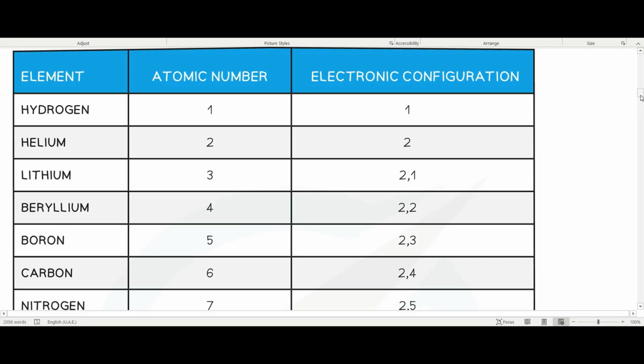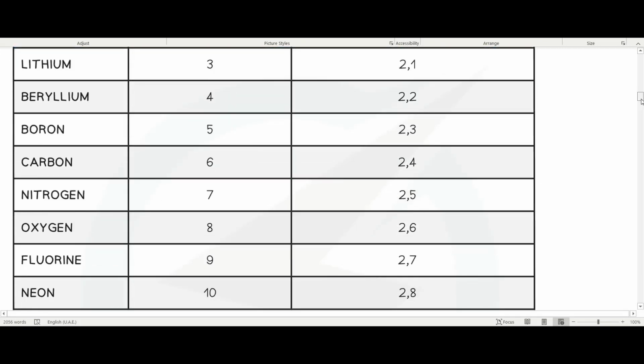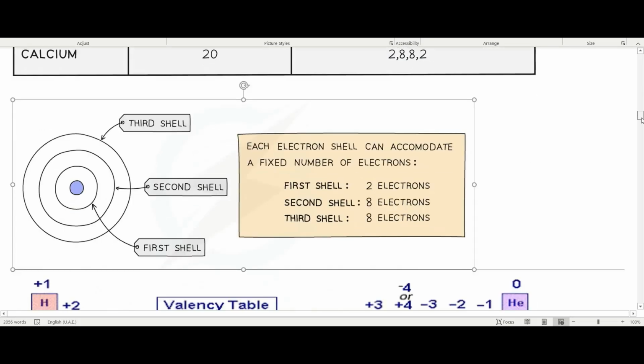Now how will we write the electronic configuration? How will this electronic configuration be deduced for a beryllium atom? If you see this diagram, you can see the arrangement of the electrons in the shells. Each electron shell can accommodate a fixed number of electrons. There's a limited number of electrons these shells can accommodate. The first shell can hold up to 2 electrons. The second shell can hold up to 8 electrons. The third shell can hold up to 8 electrons, and the rest of the shells can also hold up to 8 electrons.